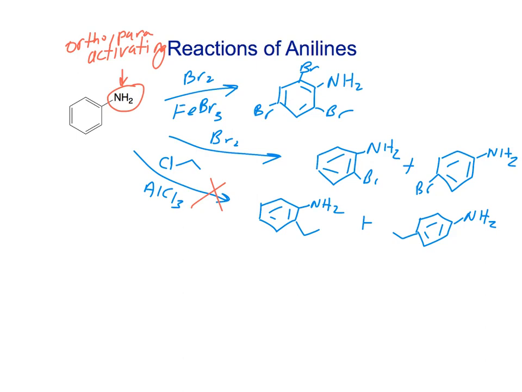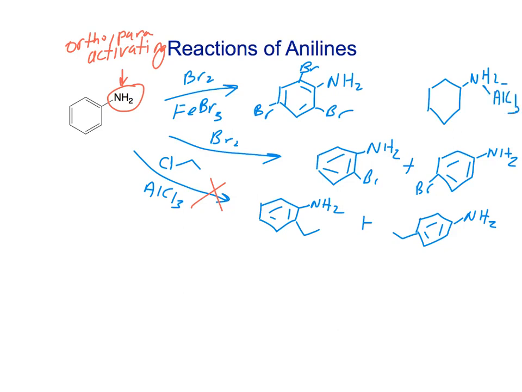And the reason for it was that the amine coordinates with the Lewis acid, with the aluminum trichloride, and it gets something like this. So NH2, and this is essentially bonded to the aluminum trichloride.